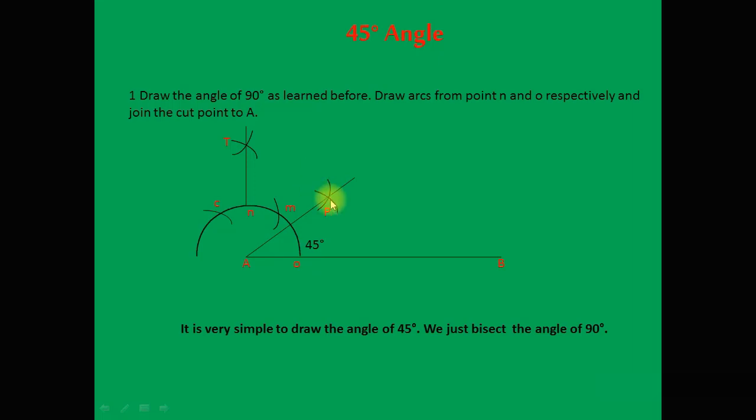When these two arcs join each other, then join this common joint point to this point A, you will get an angle of 45 degree. So dear students, note that for 30 degree angle, bisect the angle of 60, and for 45 degree angle, bisect the angle of 90 degree.